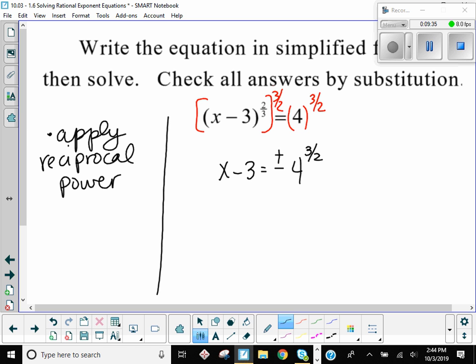Here's my question for you. What kind of problems have we done in the past when we had to use plus or minus? We were doing square roots, right? So I submit for your consideration that I just square rooted both sides. Did I? What part of that is the square root? The 2. Is that what you're going to say?